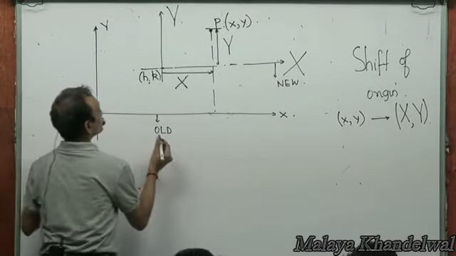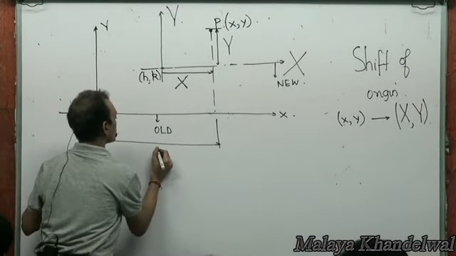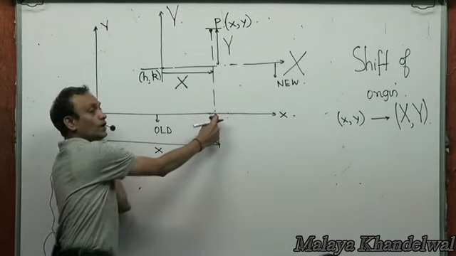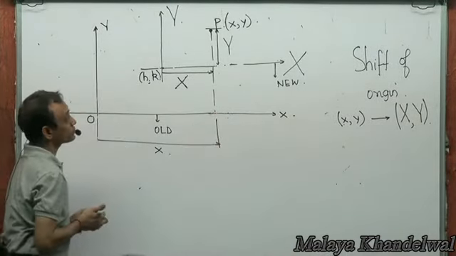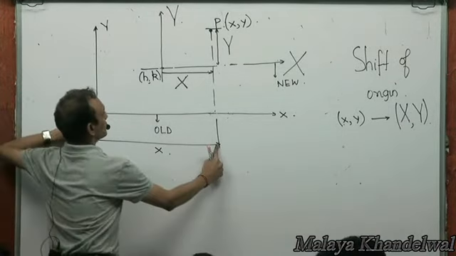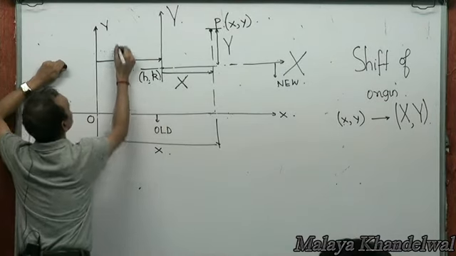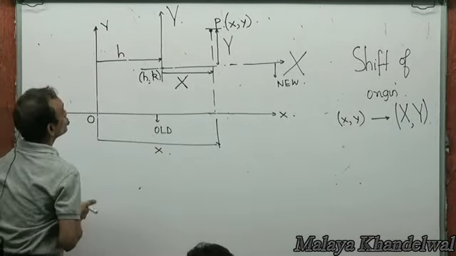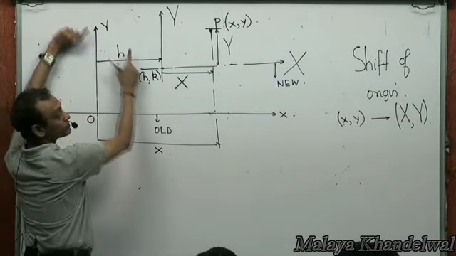Now, do you also realize that this length is small x? This would be the x coordinate of the point P referred to the old axis. Do you then notice that this length is h units? Do you then realize that small x is capital X plus h?